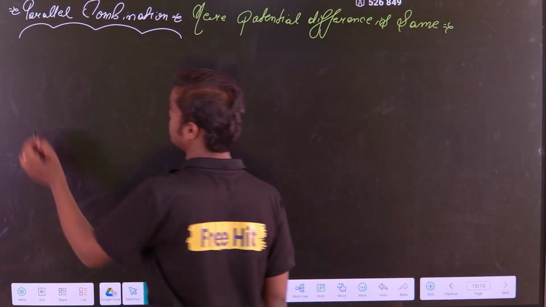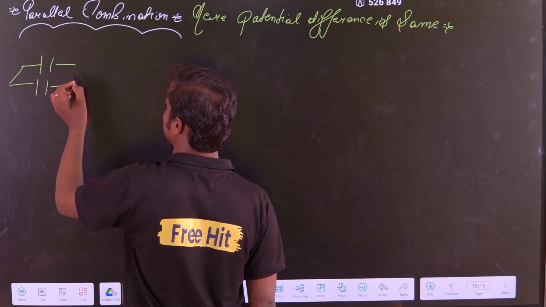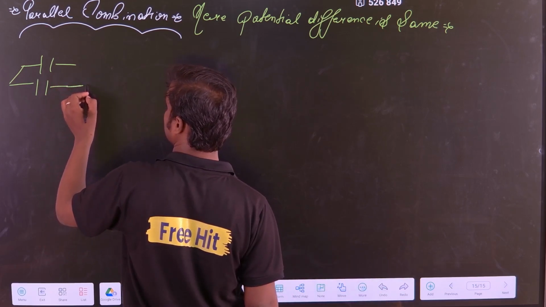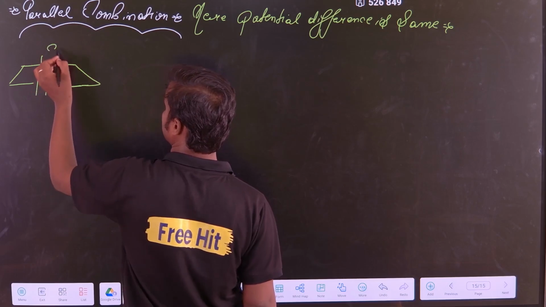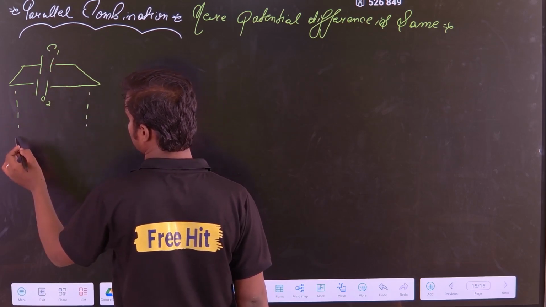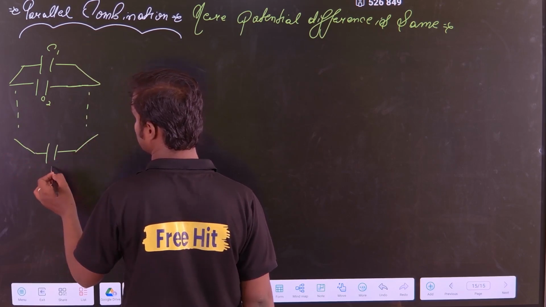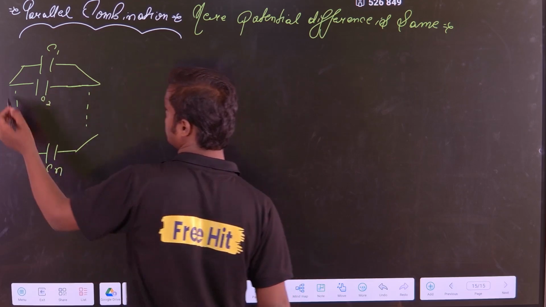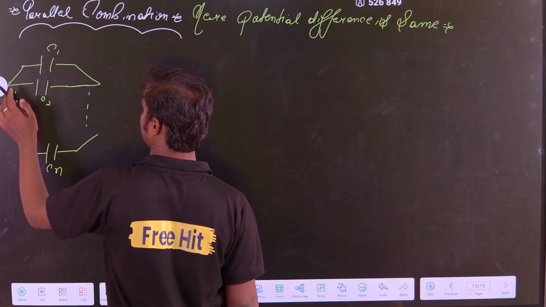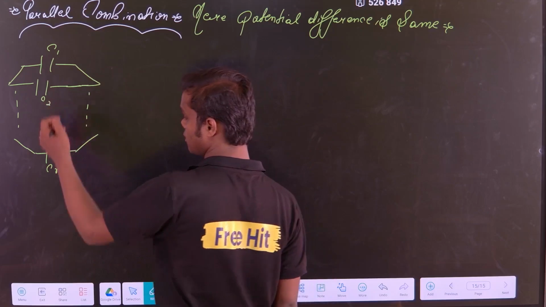So suppose I have connected capacitors in parallel. This is my C1, this is C2, like this up to Cn. Suppose the connections are done like this and they are connected in parallel.